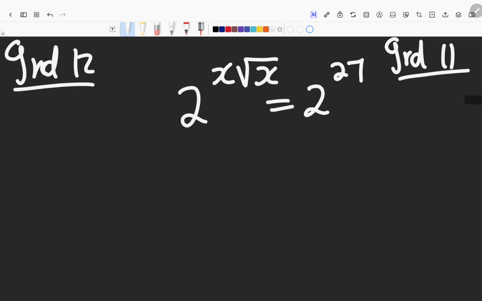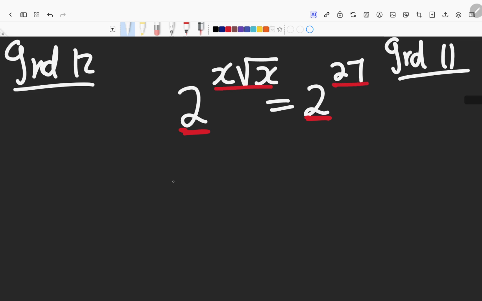Okay, so now let's get back into the original equation. Because now we have the same base, remember there is a rule that says if we have the same base, we equate the exponents. So we take this exponent as well as this exponent and just equate them. Simple as that.